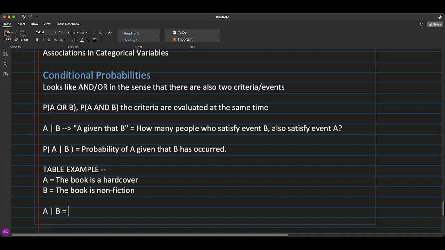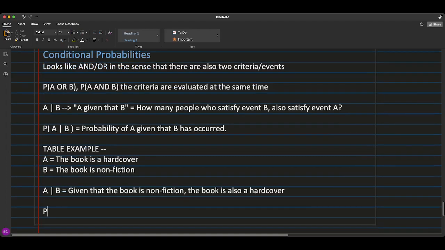Given that the book is nonfiction, we want to see that the book is also a hardcover. So if we're doing the probability of A given that B, we want to know the probability that a book is a hardcover given that the book is nonfiction.